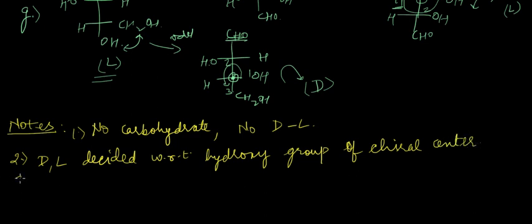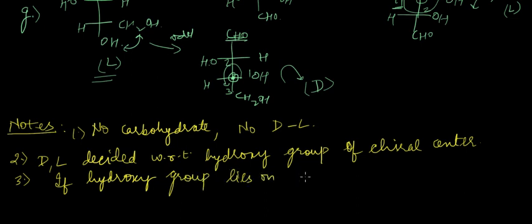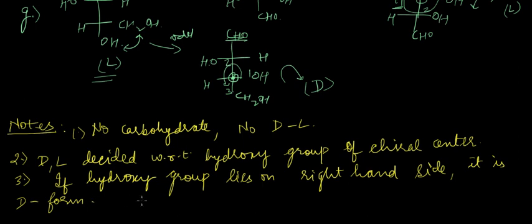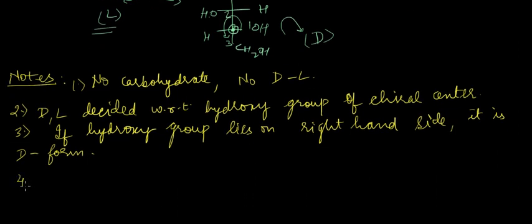Okay, third: if the hydroxy group lies on the right hand side, it is D form, and if the hydroxy group lies on the left hand side, it is L form.